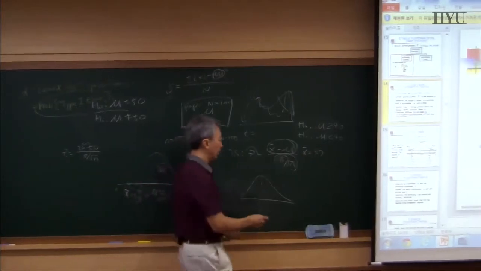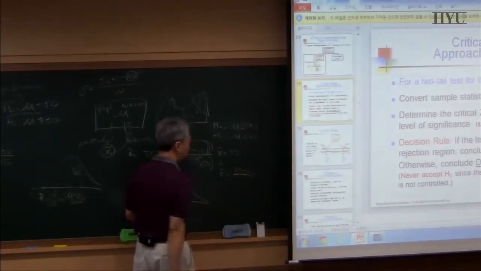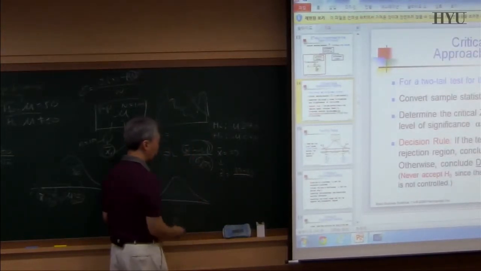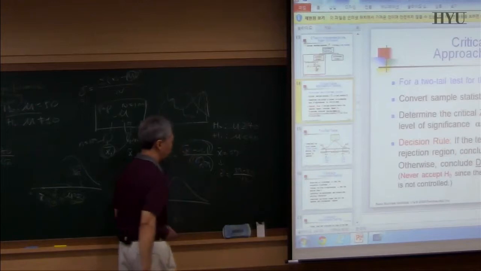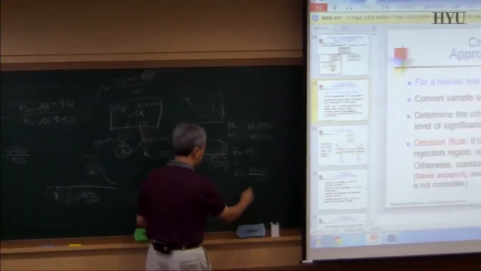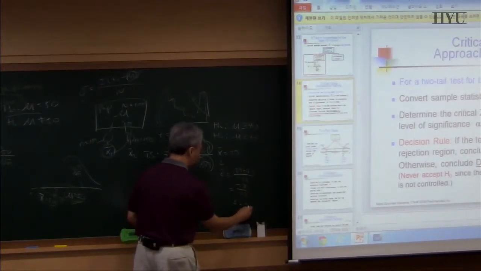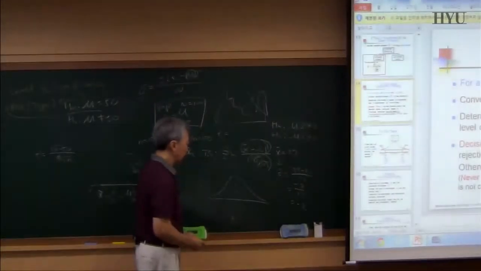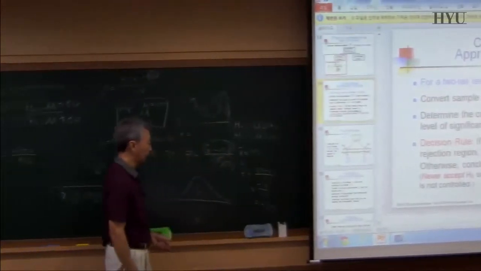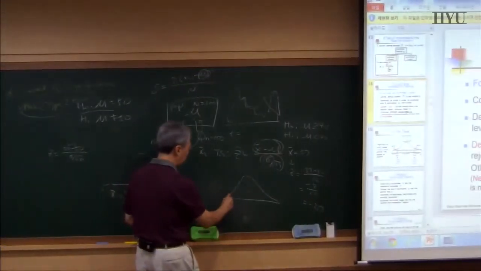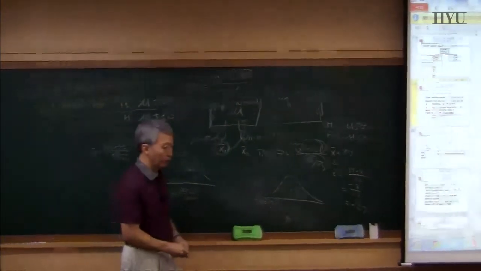So they converted into a z-score: 37 minus 40 divided by sigma over square root of n. Suppose that was 1.2. Negative 3 divided by 1.2 would be negative 2 point, let's say 2.7. So the test statistic came out to be negative 2.7, right?